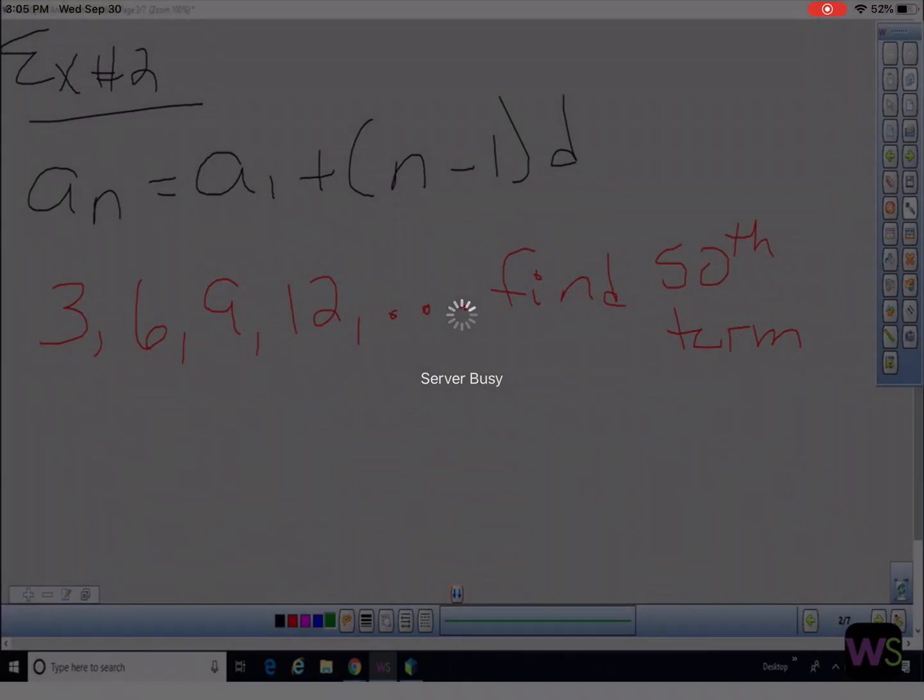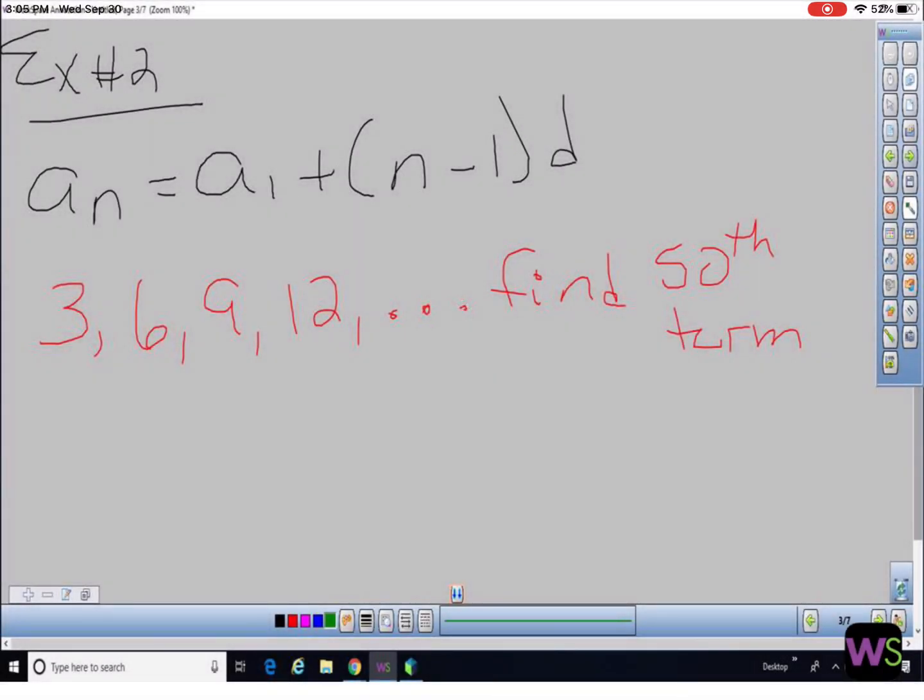Okay, so then we're looking at the second one, which is example number 2 in your book on page 33. And this is going to be the recursive definition. Basically, this is how you could find the 50th term. And I love this one because you don't have to go through each term, you don't have to guess, you just plug everything in. So they're giving me a sequence, 3, 6, 9, 12.